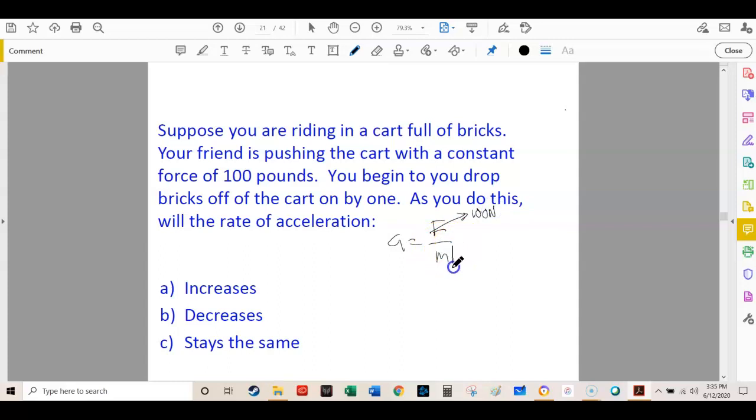And so now you are dropping the mass of the total object, right? You're dropping bricks off there. Well, as long as your friend continues to push at 100 newtons, that means your acceleration is going to go up. And if your acceleration is going to go up, that means your speed is going to increase over time. And so what that means is overall your speed and your acceleration is going to increase. Okay? Pretty cool.